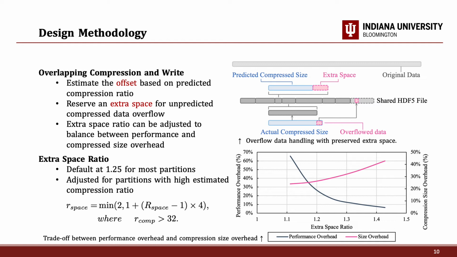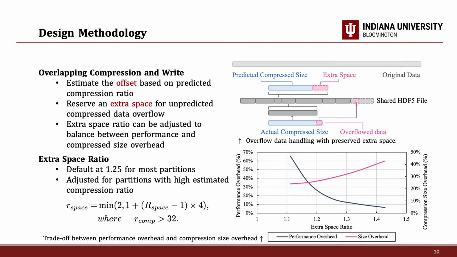Based on our evaluation, this figure on the right-hand side shows a comparison between different extra space ratios and the performance overhead and also the compression size overhead. So we determined that the default extra space ratio should be 1.25 for most partitions.